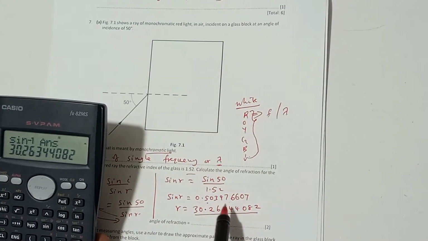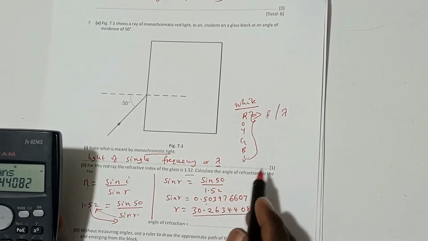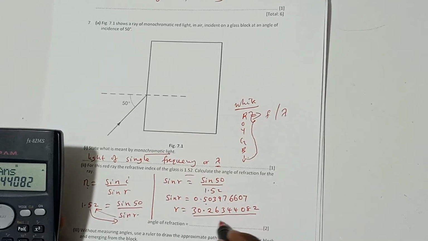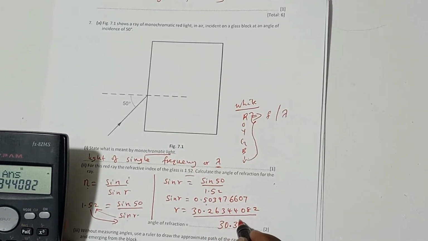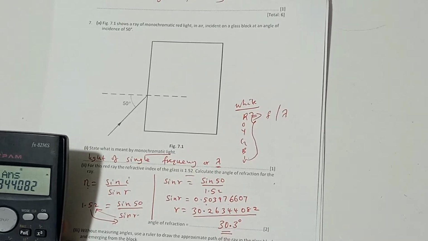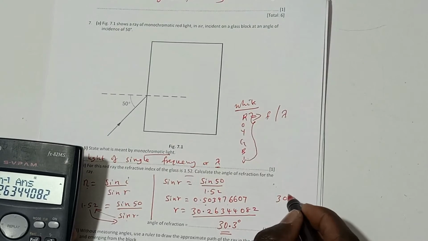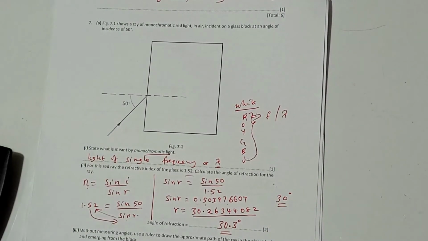We give our answer in the appropriate number of significant figures. The angle is always given to 1 decimal place, so that will be 30.3 degrees. Or you can just give 30 degrees when you round off to 2 significant figures.